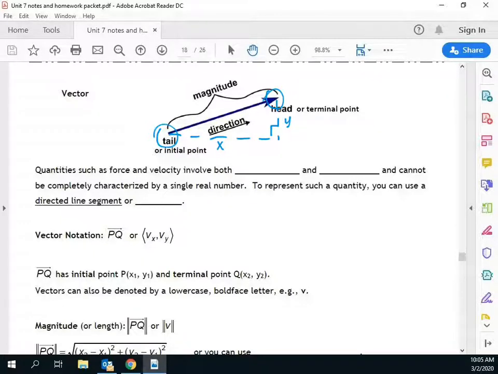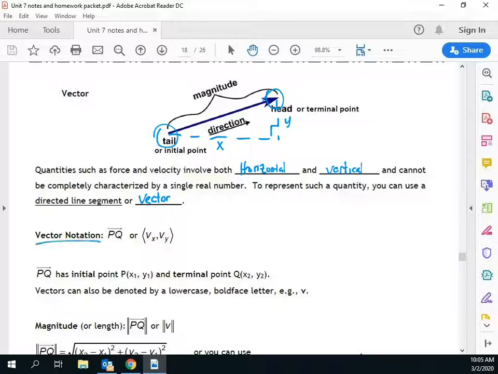It says quantities such as a force or a velocity involve both horizontal and vertical components. It cannot be completely characterized by a single real number. To represent such a quantity, you can use a directed line segment, or vector.